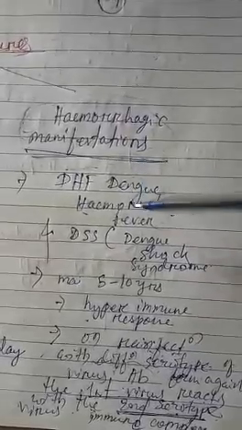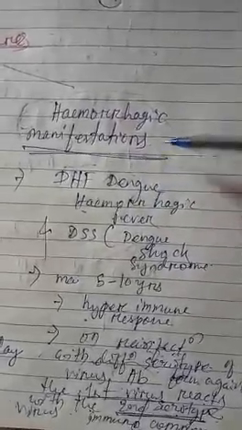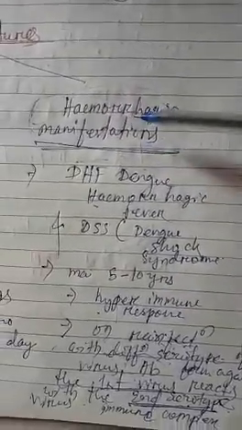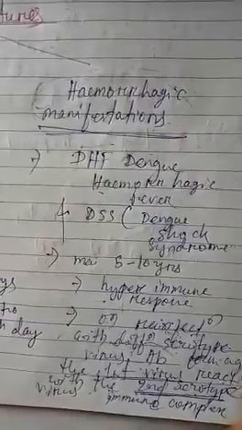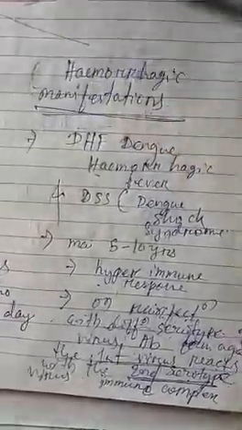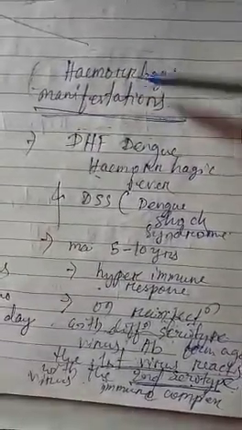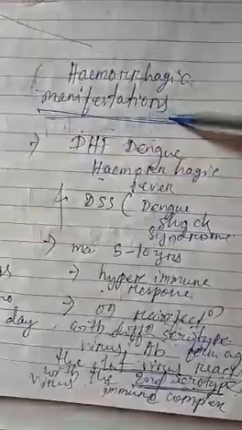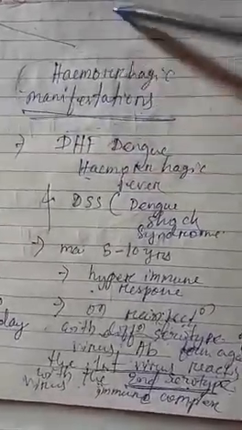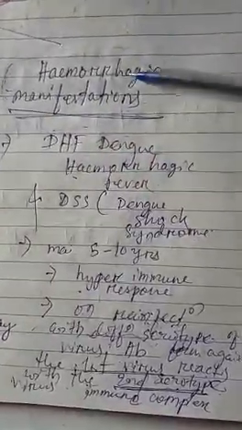It is seen in patients previously infected with the dengue virus. Patients who were previously infected and suffer from dengue again are the ones who suffer from these hemorrhagic manifestations.